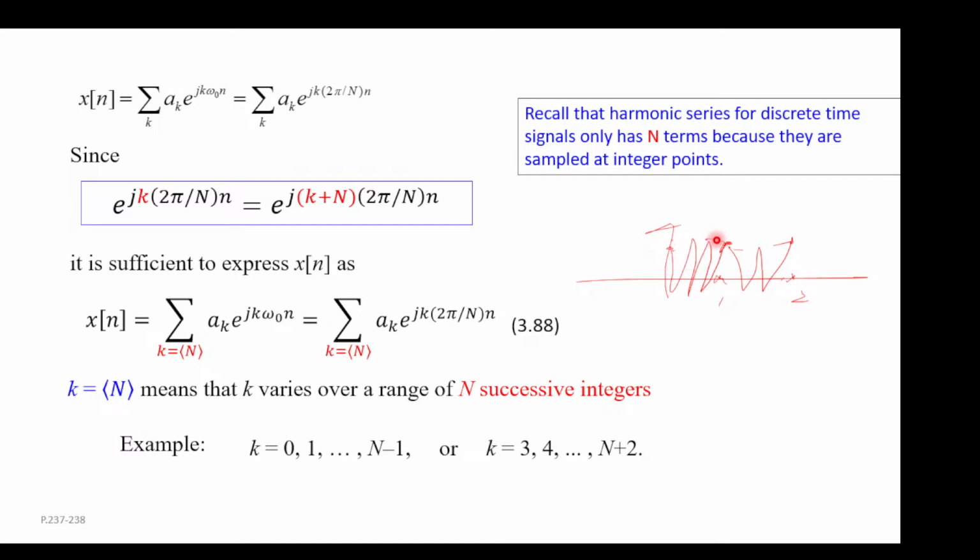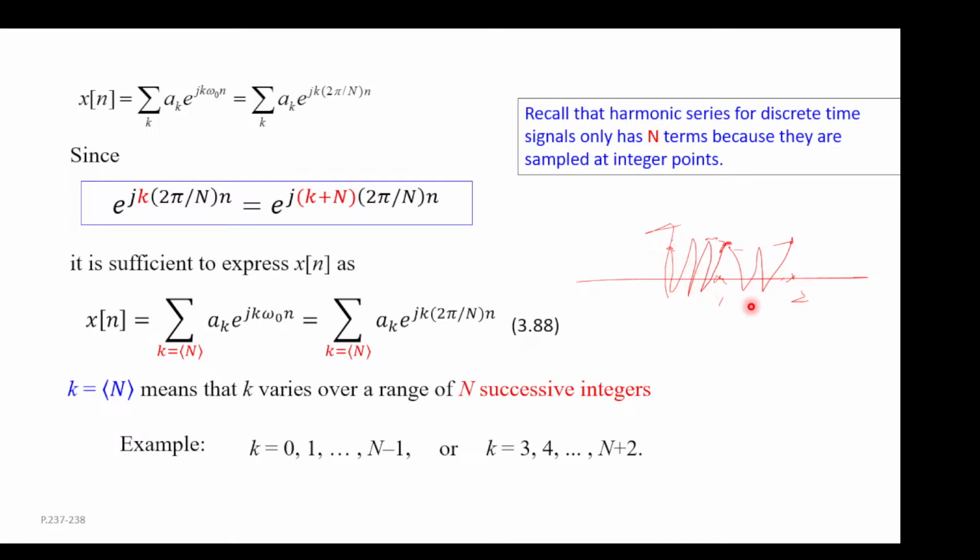And now we need to remember something more from chapter 1. From chapter 1, we know that the discrete-time harmonic series is weird, because it all goes back to the discrete-time signal having finite sample points.